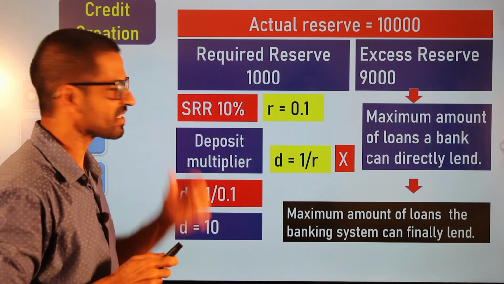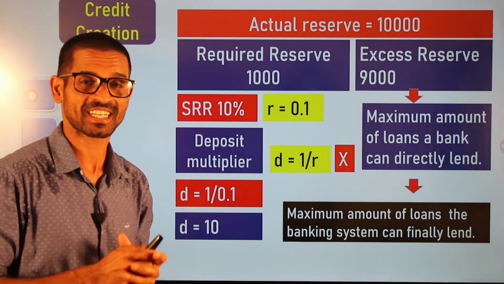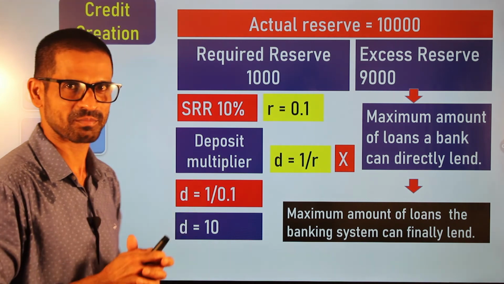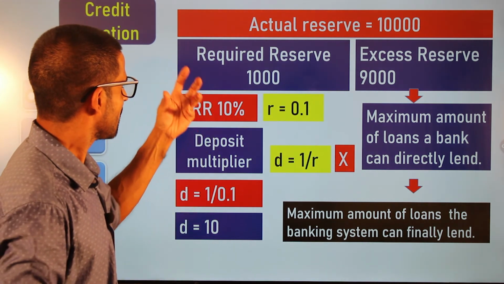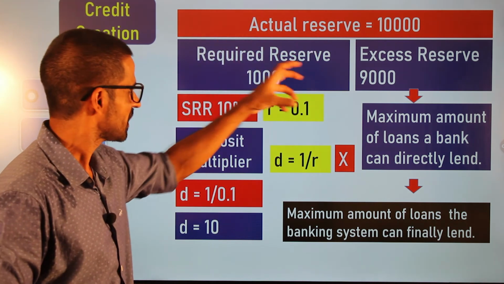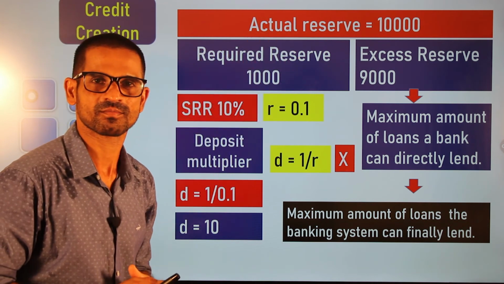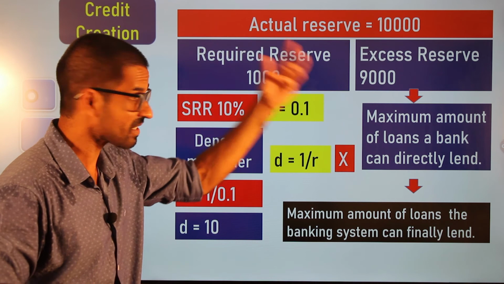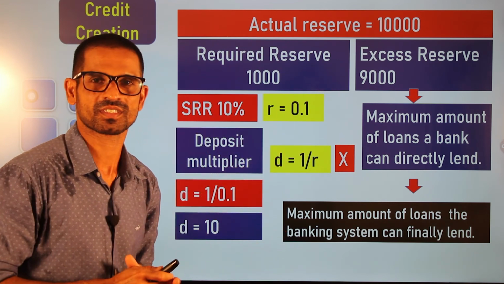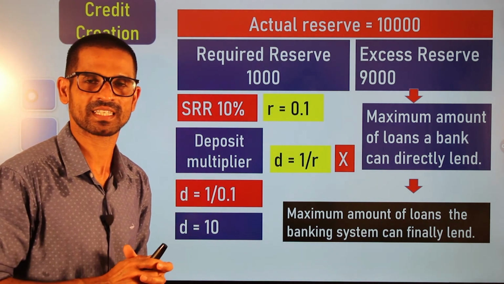So now you can understand what fractional reserve banking is, what credit creation is. What is fractional reserve banking? It is a banking practice where a bank divides its actual reserves into two, as required reserve and excess reserve. And based on the excess reserve, loans are granted by creating deposits. That is fractional reserve banking.